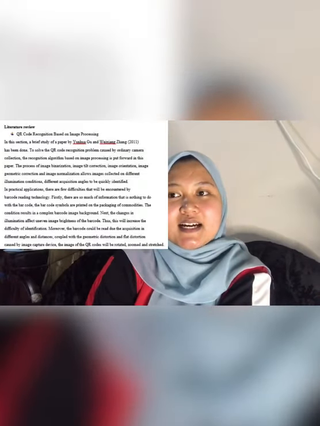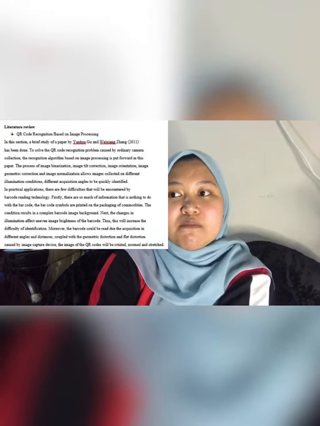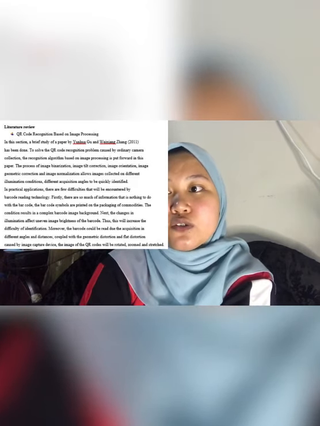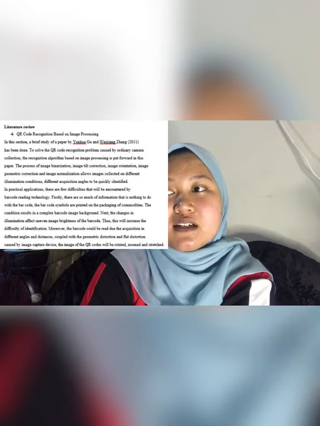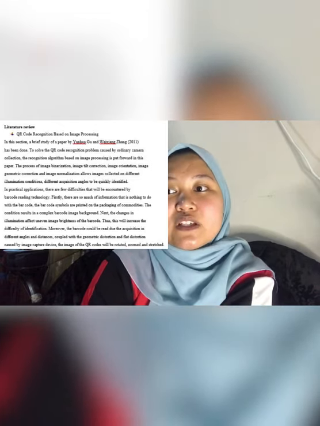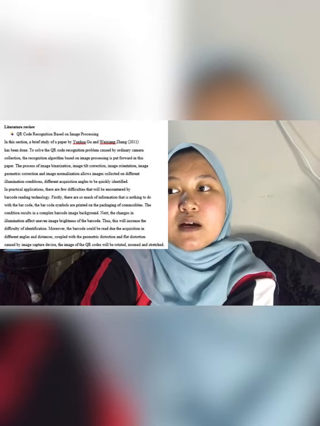Okay, next, literature review. QR code based on image processing. In this section, a brief study of a paper by Yun Hyu Gyu and Wei Jiang Jiang, 2011, has been done to solve the QR code recognition problem caused by ordinary camera collection.